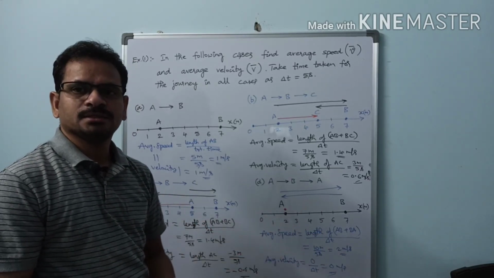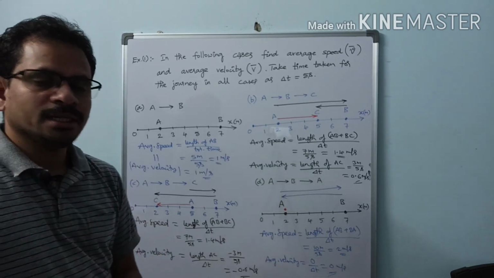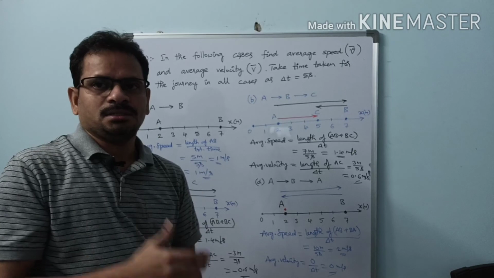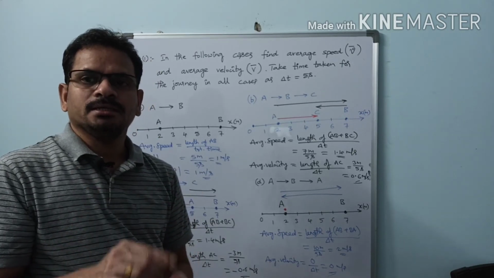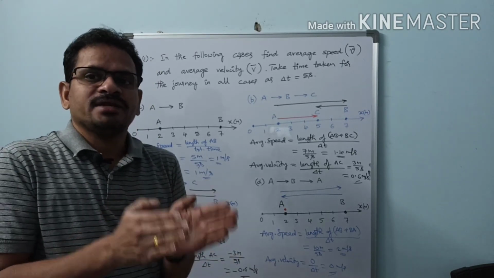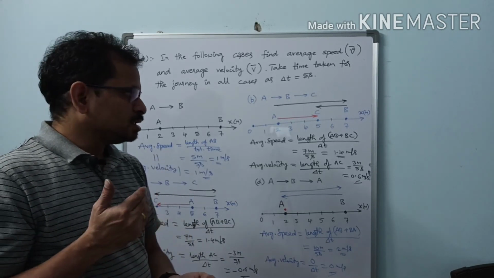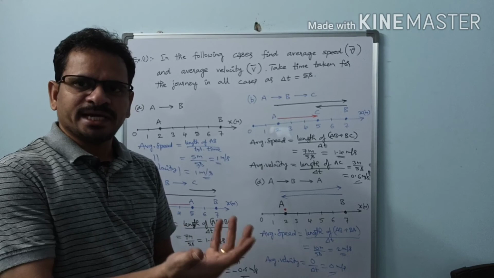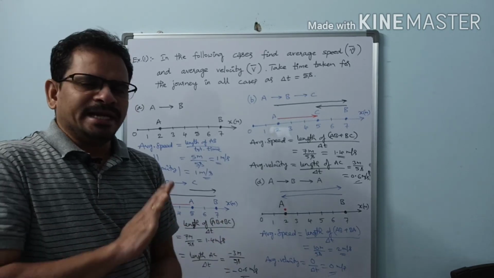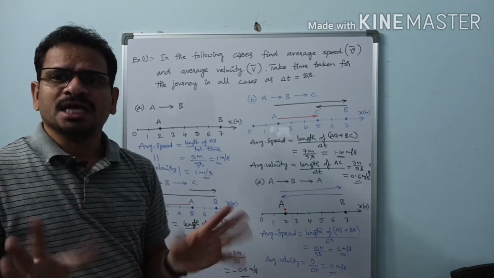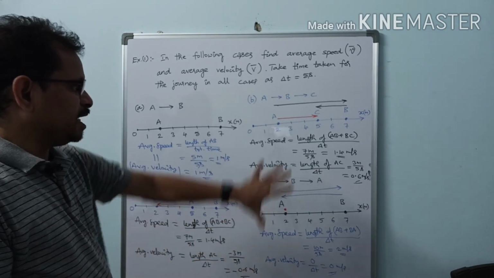So we can come to a conclusion that if the motion is along one particular direction in a straight line, then only distance is equal to displacement and average velocity is equal to average speed. If the direction changes, then never is distance equal to displacement and never is average speed equal to average velocity. They are not equal.